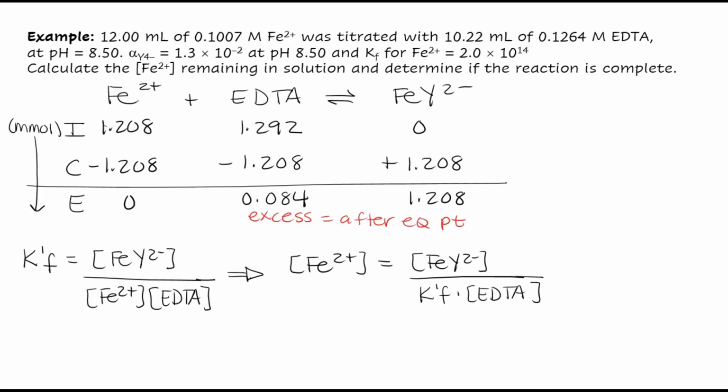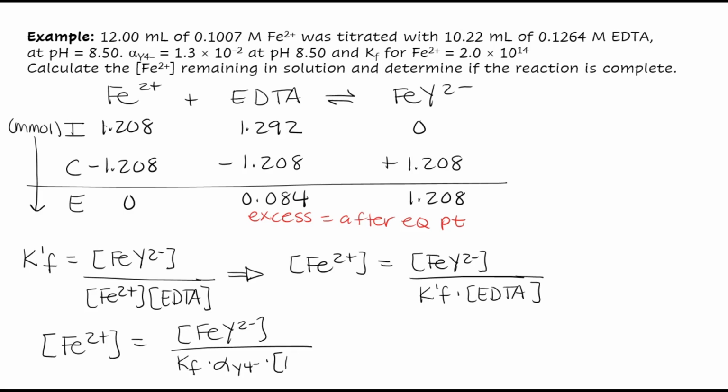So we need the information for K prime F. We can calculate that separately and then plug it into this expression, or we can incorporate alpha and Kf directly into this expression. If I go about it that way, then our Fe2+ equals the complex FeY2- divided by Kf times alpha Y4- times EDTA.